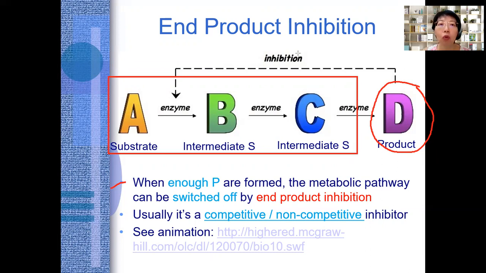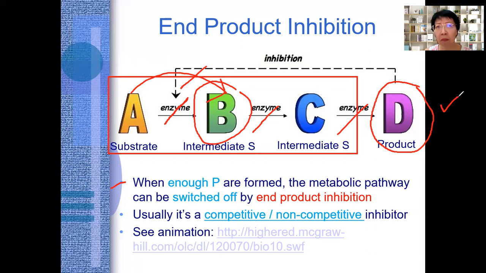The best way is to inhibit the first enzyme, because then A can no longer be converted to B, so there's no more B, no more C and no more D. You stop the first reaction, you stop the entire pathway, because you have enough D already.